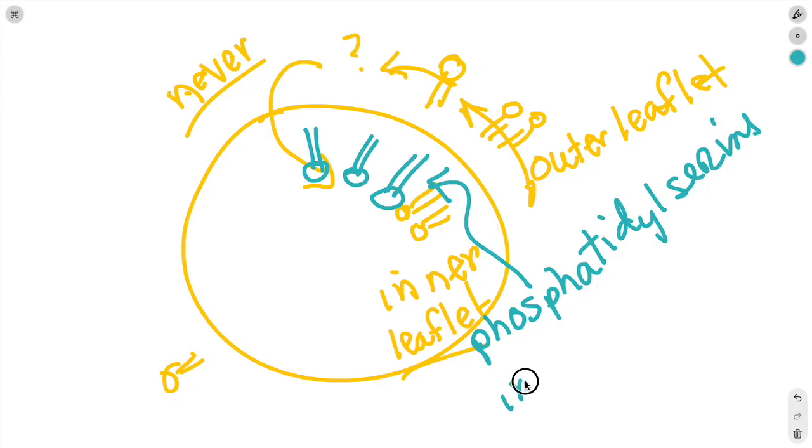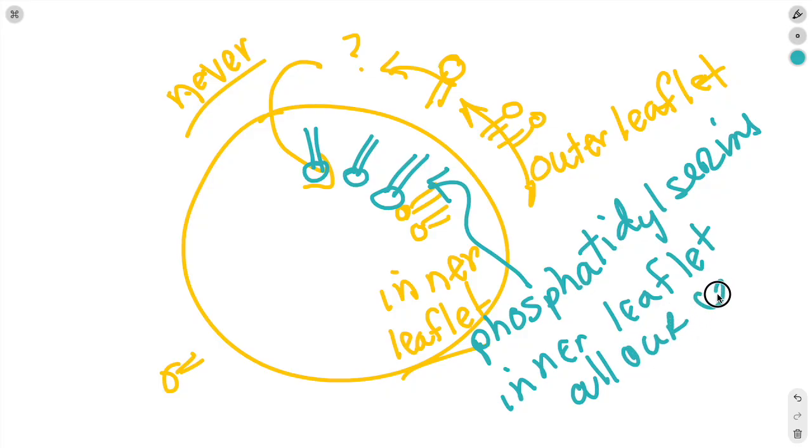They're on the inner leaflet of all our cells all the time. They're floating around, and they stay in the inner leaflet. They were synthesized and placed in the inner leaflet by the smooth endoplasmic reticulum, and that's where they reside. How many phosphatidylserines on the outside of the outer leaflet? None. No worries, they're not going there, right?